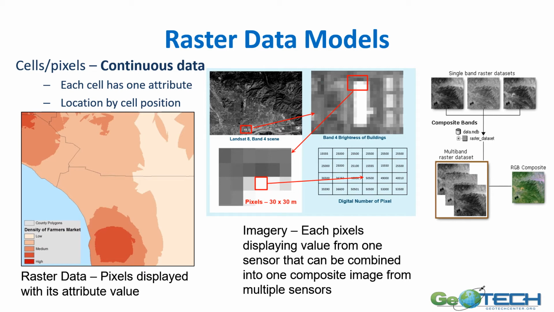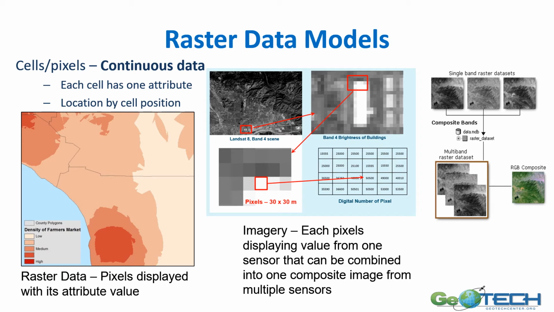So here we have a raster data set with pixels displaying density of farm markets. And you can see by the colors, the high density is the brighter, darker orange, and the lighter colors are low density.